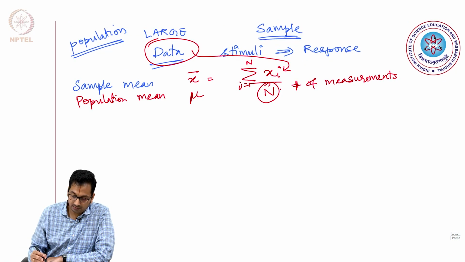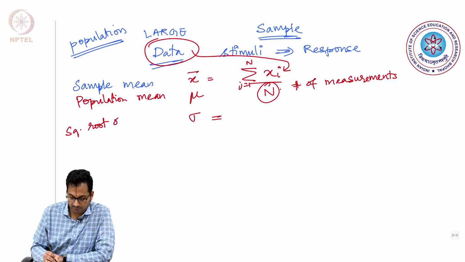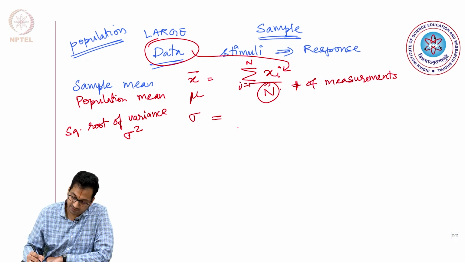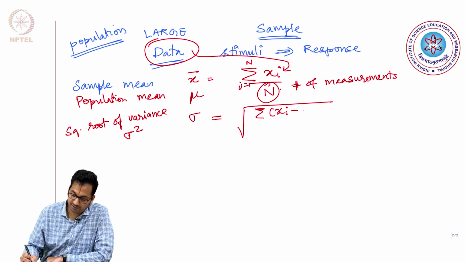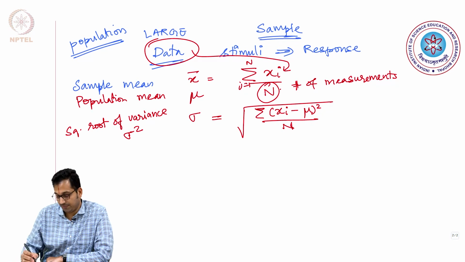And the other definition that we laid forth was the standard deviation. The standard deviation is nothing but the square root of variance. Variance is sigma square, and this is defined as the sum of squared deviations of each data point from the population mean, divided by the number of measurements.